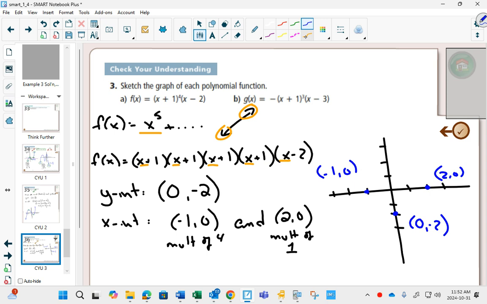And our end behavior, we know it has to start down here and end top right. Okay? Multiplicity of 4 underneath this one, I'm going to write the word bounce. And multiplicity of 1, I'm going to write straight through.